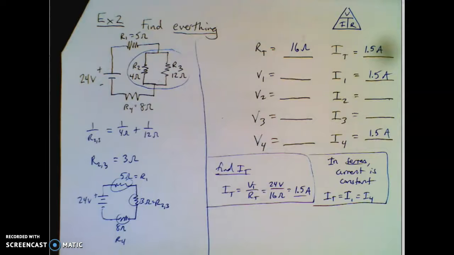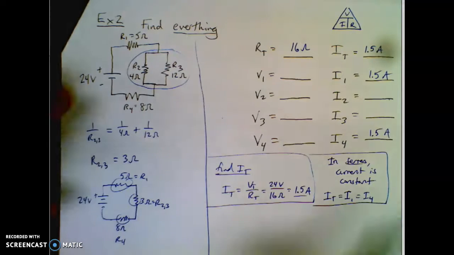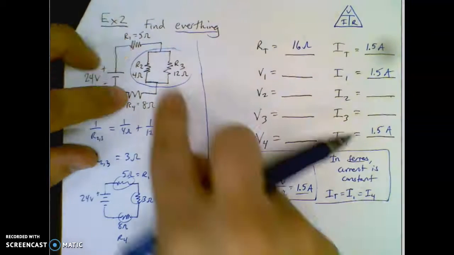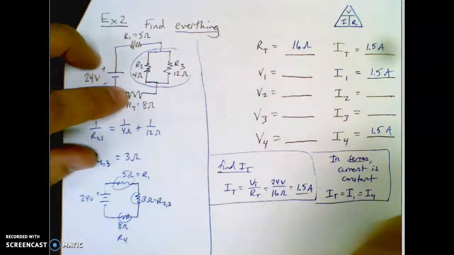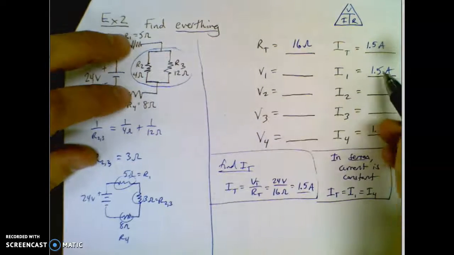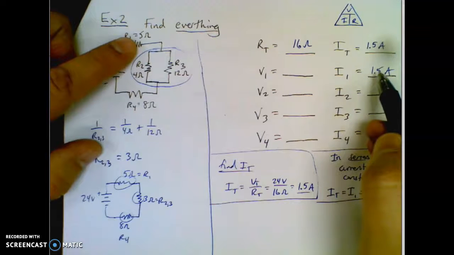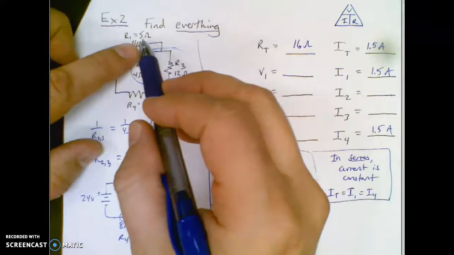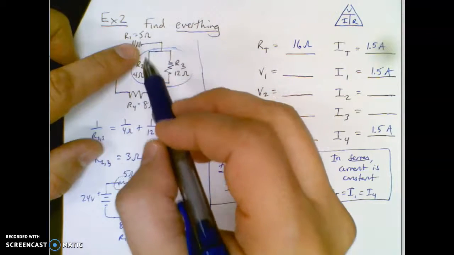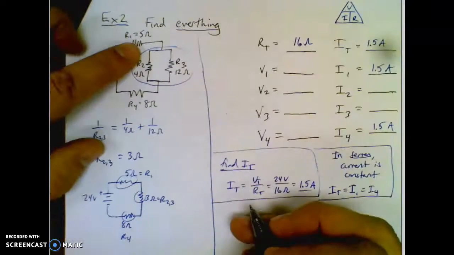I can also deal with the voltage drop on these two guys. I can't deal with the voltage drop here yet, but I can on these two because if I know the current on resistor 1 over here, we just found it, and I know the resistance on resistor 1, guess what I can find out? The voltage drop on resistor 1.